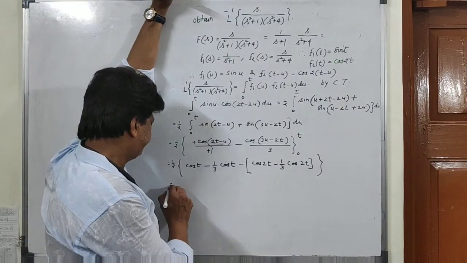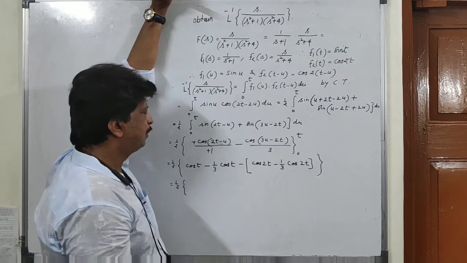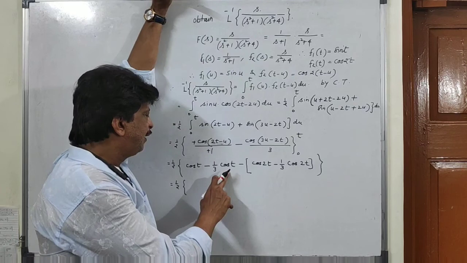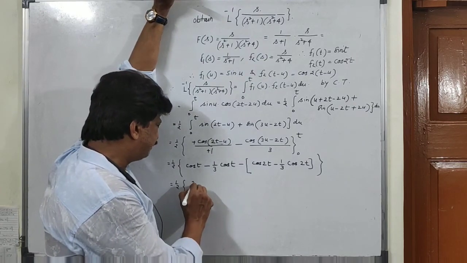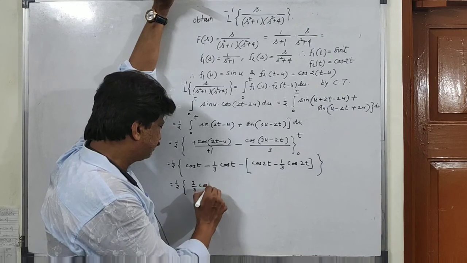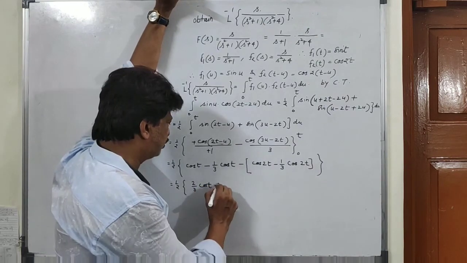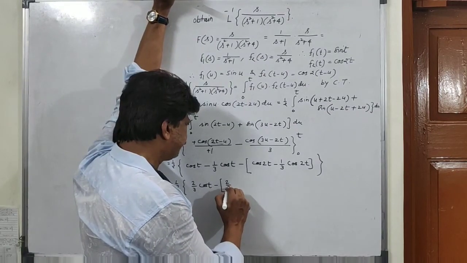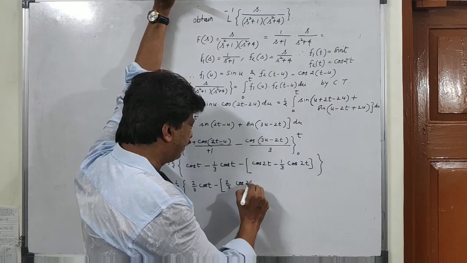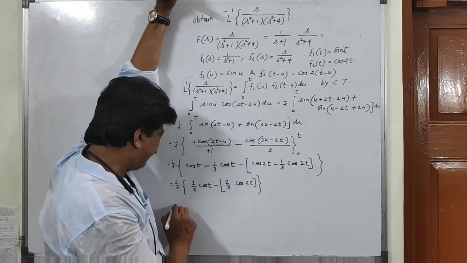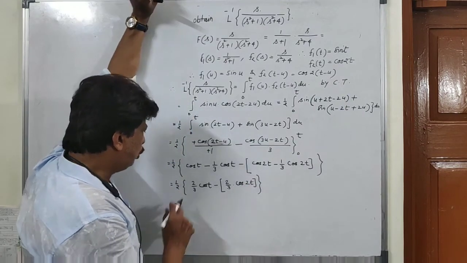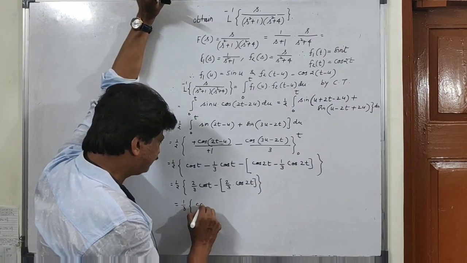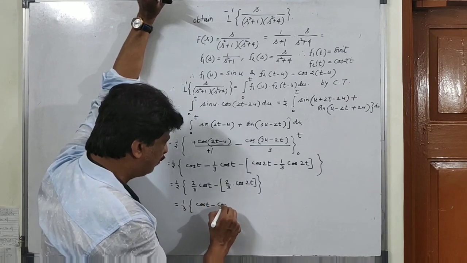So 1 by 2 times cos of t minus 1 by 3, it is 2 by 3 cos t minus 2 by 3 cos of 2t. Let us open the bracket. 2 goes, it is 1 by 3 times cos of t minus cos of 2t.